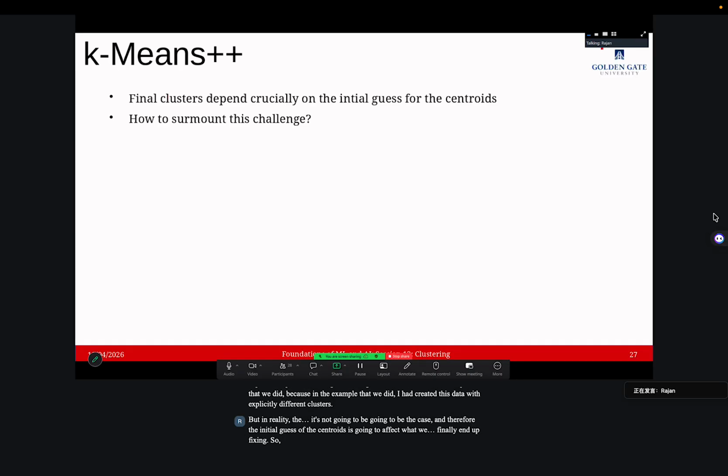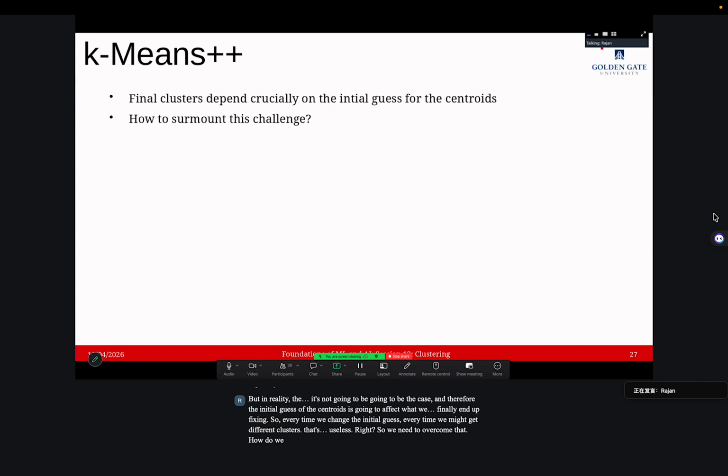So every time we change the initial guess, we might get different clusters. That's useless, right? So we need to overcome that. How do we overcome this particular problem? We overcome it using this idea of farthest distance in the initial guess.